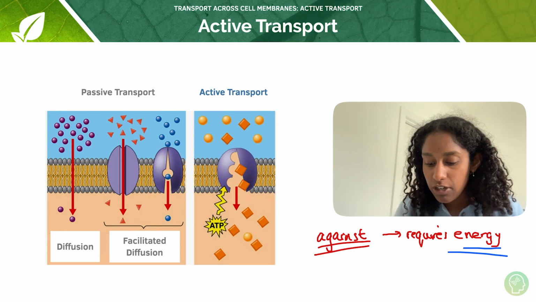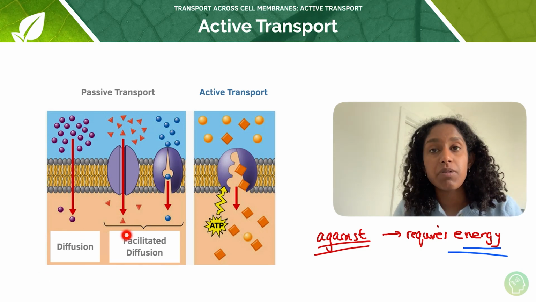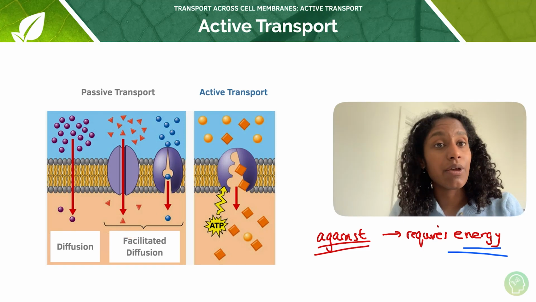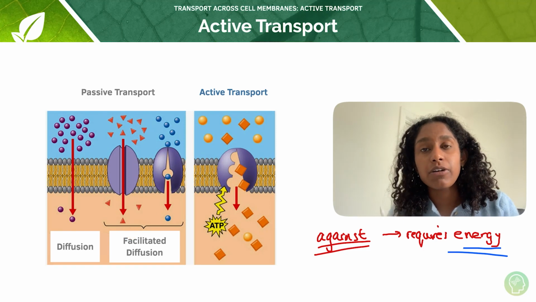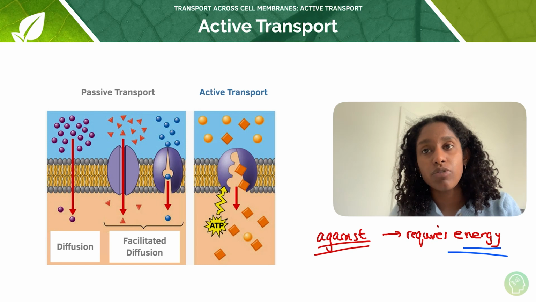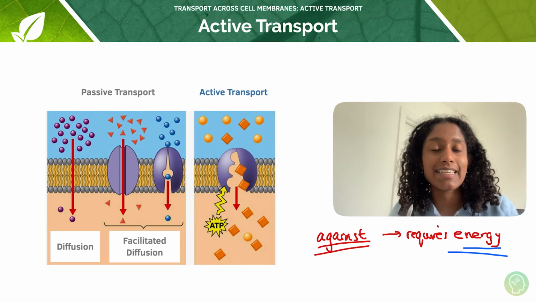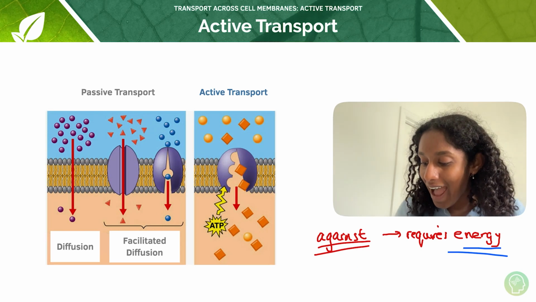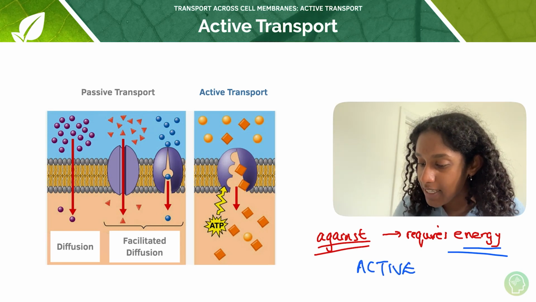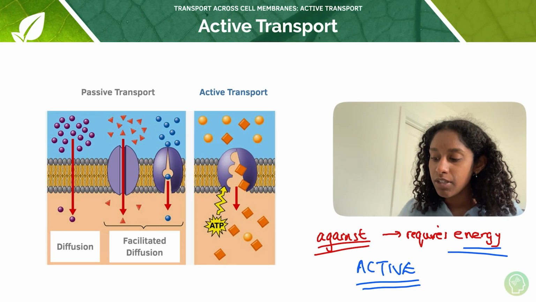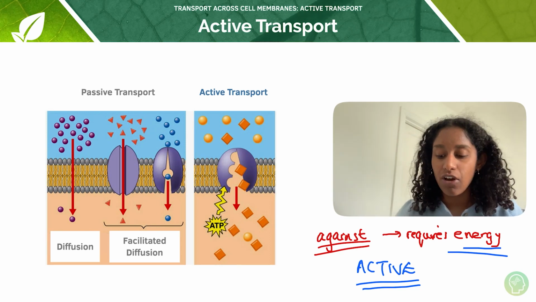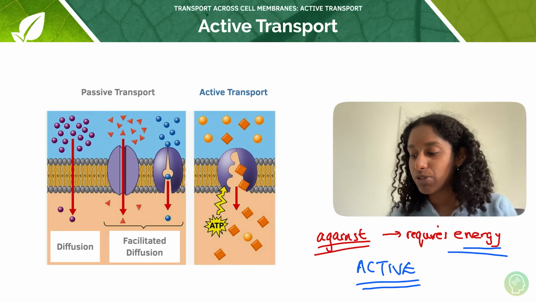Now remember, let's contrast that to diffusion and osmosis, which is from high to low concentration or high to low water potential, down our concentration gradient or down our potential gradient, which is a passive process. It does not require energy. But active transport is an active process. It requires energy. Okay, so that's our key difference between our active transport and our methods of passive transport.